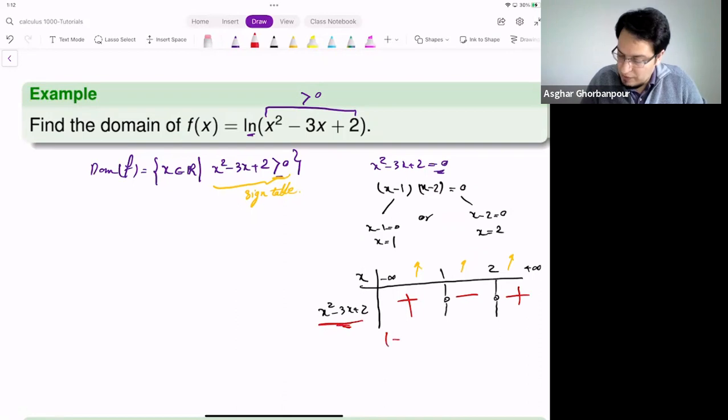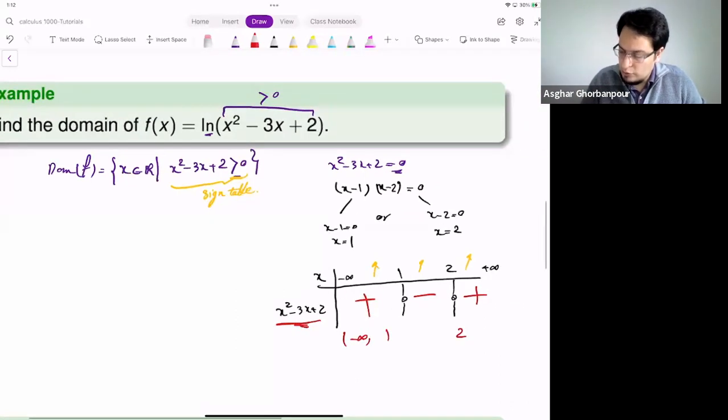So this will be from negative infinity to 1, and from 2 to plus infinity. Can anyone tell me, should I include 1 and 2? Or in other words, should I put a round bracket for 1 and 2, or a square bracket?